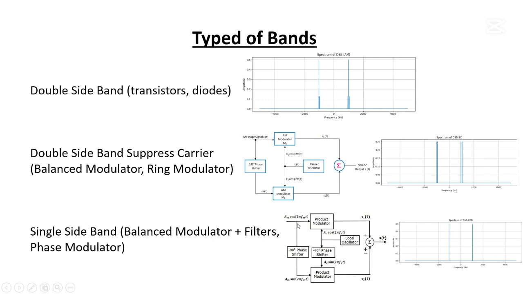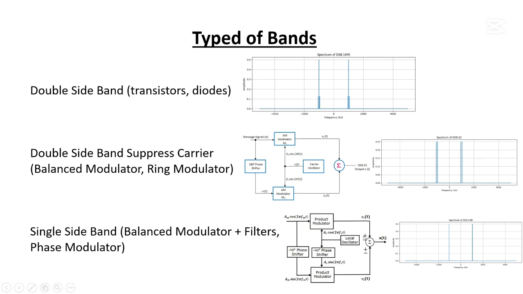Here comes the message, here comes the carrier signal, and here we have a double sideband suppressed carrier. On the other hand, we have a 90 degrees phase shifted message signal and a 90 degrees phase shifted carrier signal, and then we have a double sideband suppressed carrier here. Then we have the summation, and we obtain a single sideband.